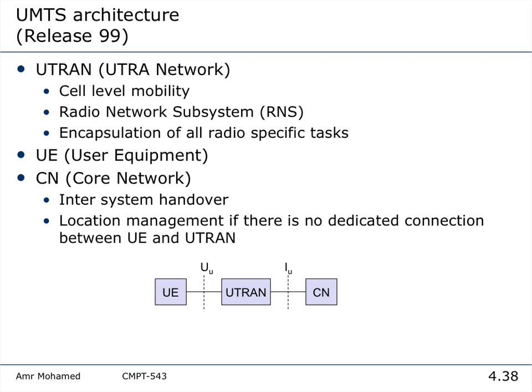So the MSC has to control the mobility in that case. Okay? This is the inter-system handover, as well as, of course, if you do roaming, or move to another network, then the core network has to be naturally engaged.